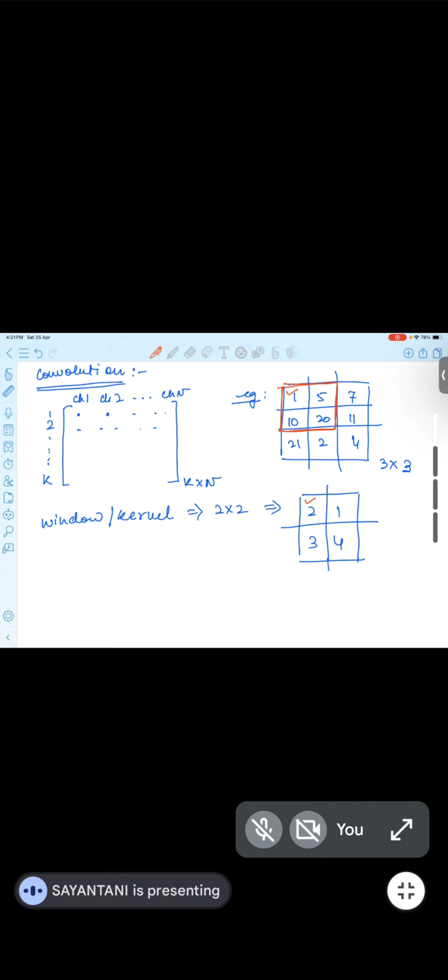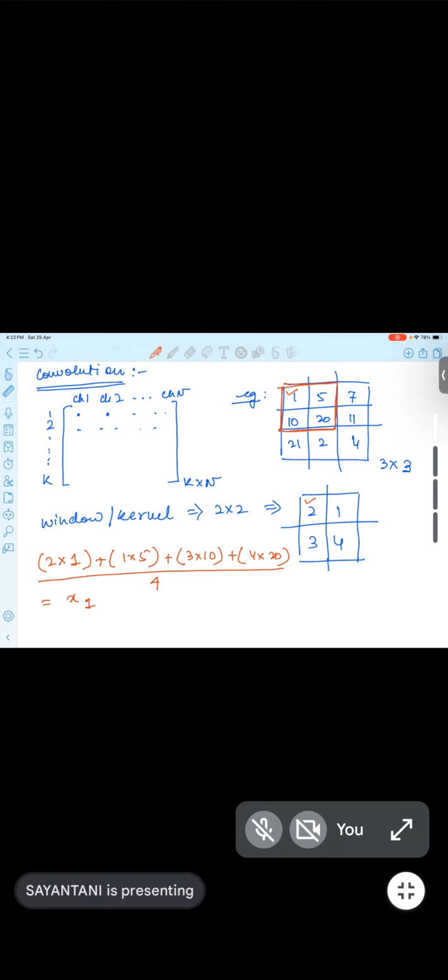Basically, you have to perform first multiplication of the individual elements of the kernel and the corresponding elements of your 3 cross 3 matrix. So 2 into 1, right? Then 1 into 5, then 3 into 10, and after that 4 into 20, and simply add these values and just take the average divided by 4, right? Suppose you get the answer, some answer as x1.